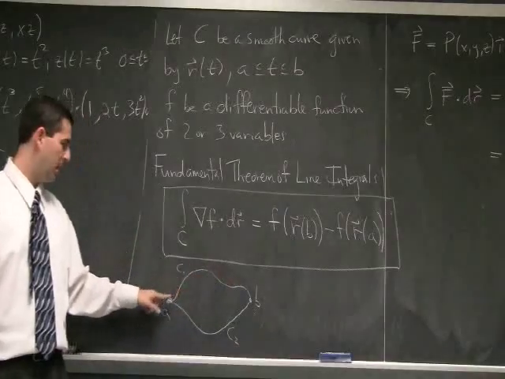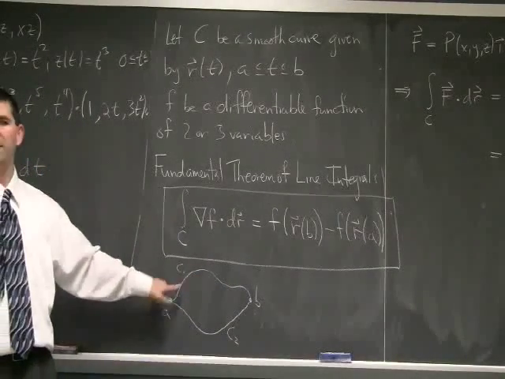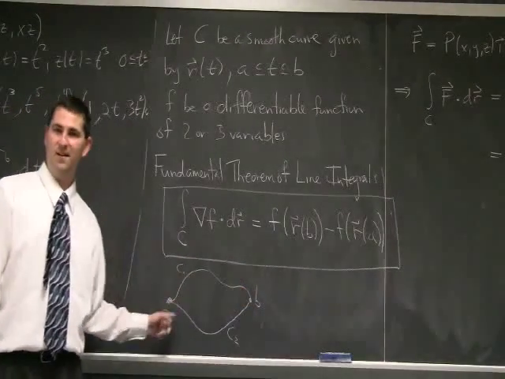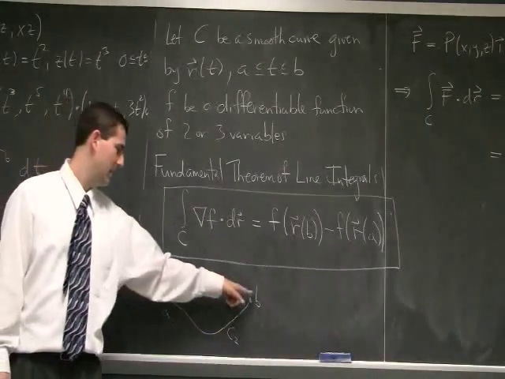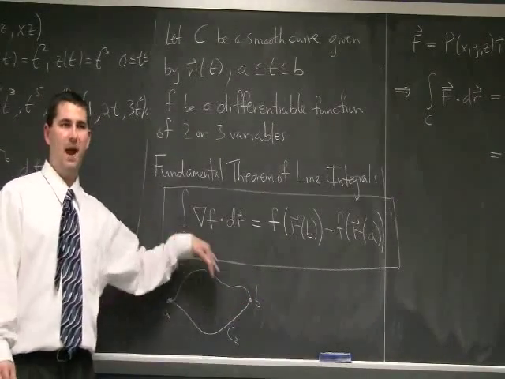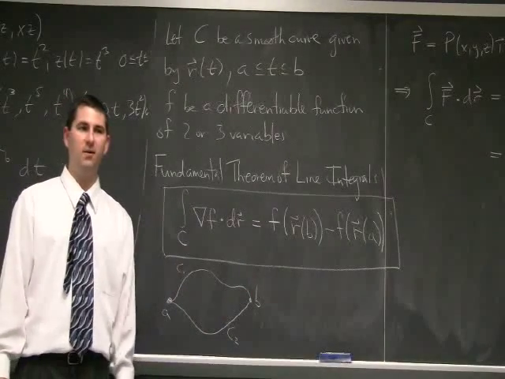It should be the same because all you do is evaluate at the endpoints, which is kind of weird. I mean, this is really quite strange that only the endpoints should matter, that the path that you use to get there shouldn't really matter.